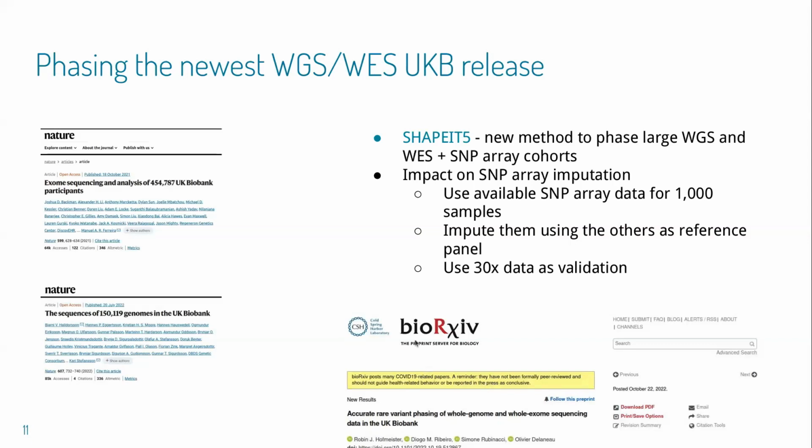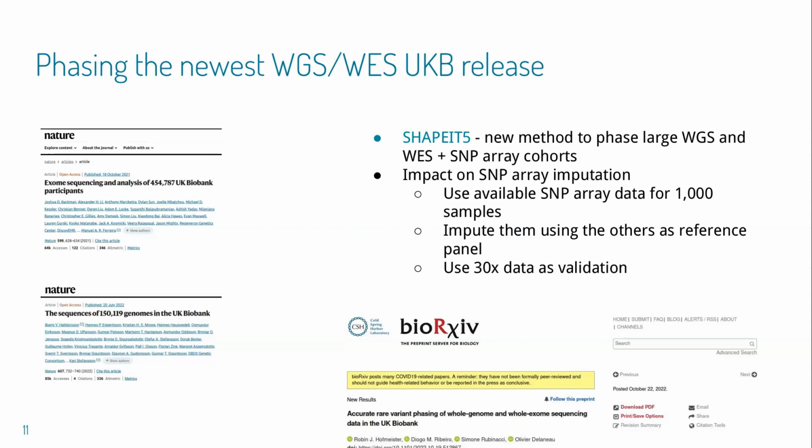We were able to verify the impact of our haplotypes using SNP array imputation, because we are in a very interesting scenario using the UK Biobank platform. We have SNP array data for the 200,000 samples, but also 30x high coverage whole genome sequencing data for the same samples.